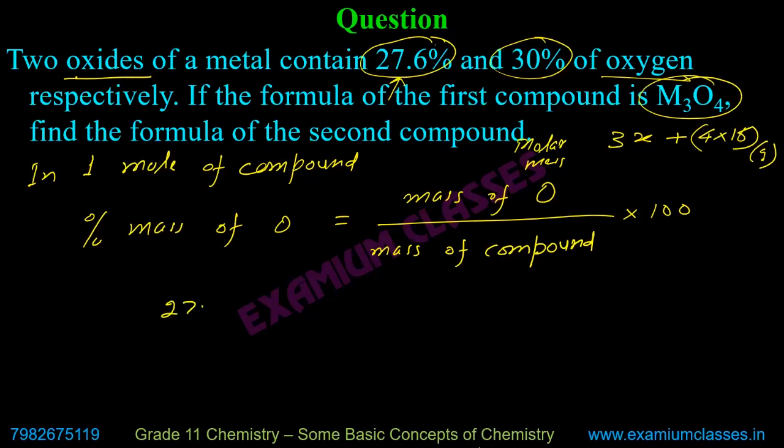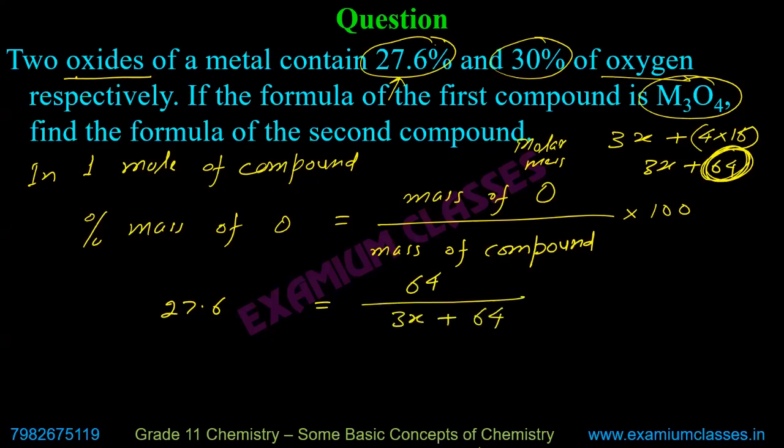In the first compound, it is 27.6. Mass of oxygen here is 64 in 1 mole, divided by the total, 3x plus 64. Simplify this one. From here, you will get x equals approximately 56.